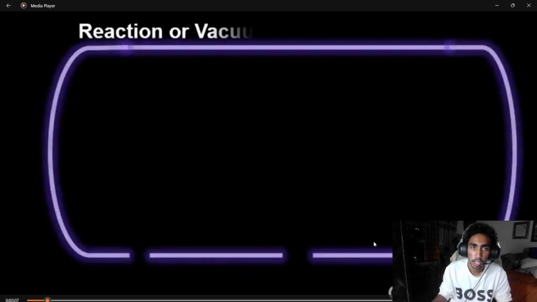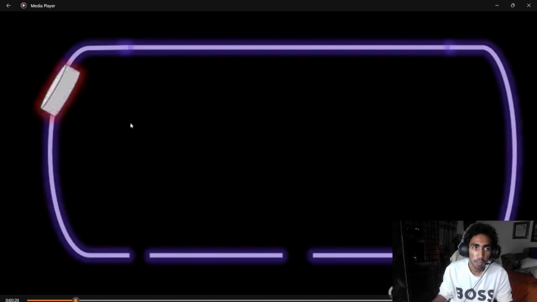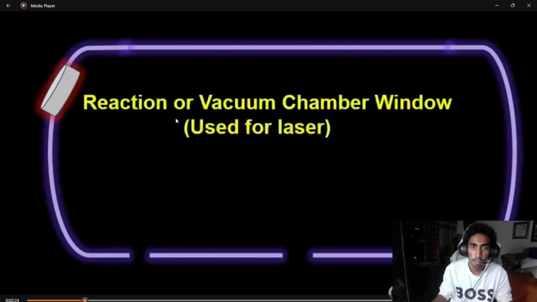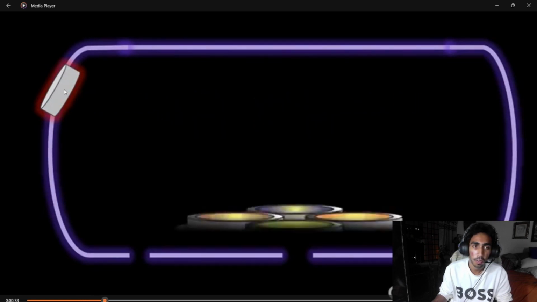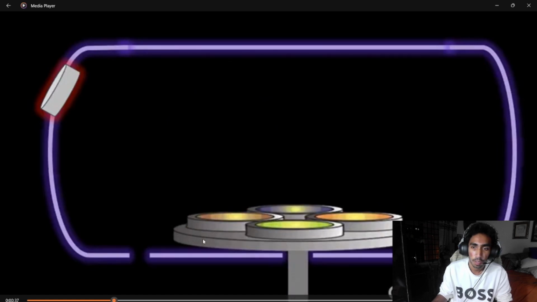So as you can see, this is the reaction chamber. It should be a vacuum. So here is a lens. Here is a window that is focusing onto the target.